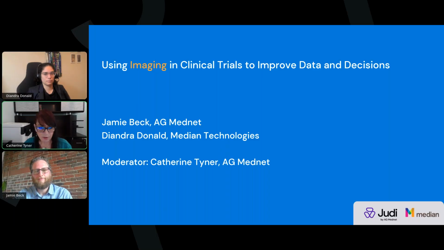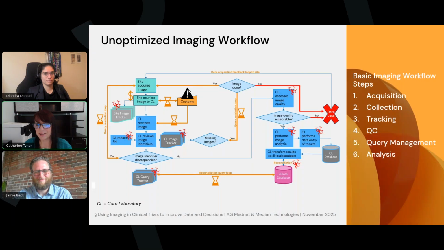So I wanted to provide that overview before our speakers begin with the topic. They're going to focus on this topic we have for you today and discuss the imaging workflow and how imaging in clinical trials can improve data and decisions. So I will hand over to the next slide and ask Jamie and Deandra to begin their presentation.